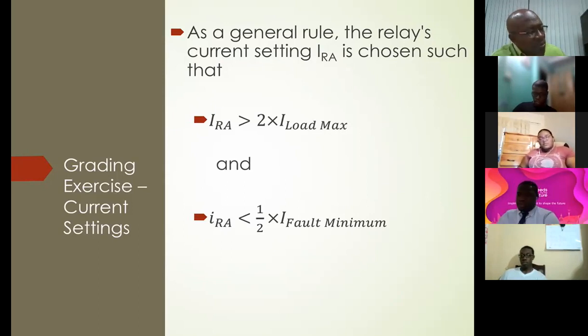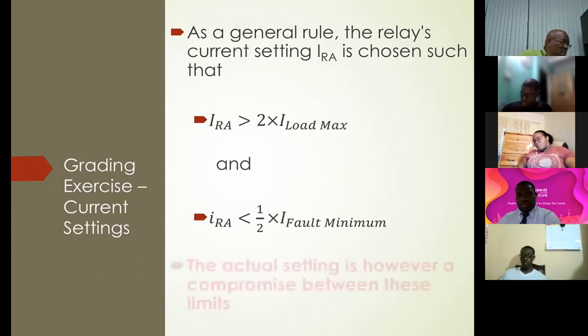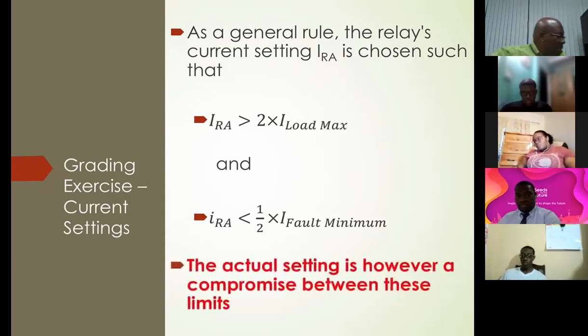So this sort of criterion allows you to carry out certain activities without disruption. And at the same time, you want to ensure that it is less than half the minimum fault current. Now, the issue is, and I have put it in red.